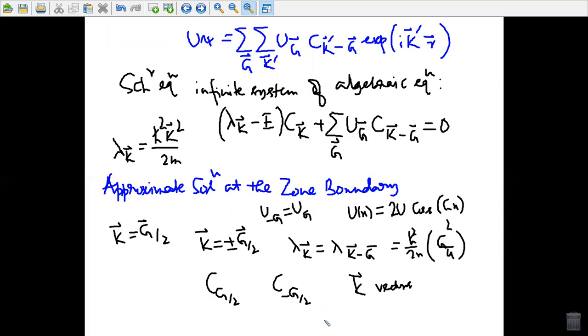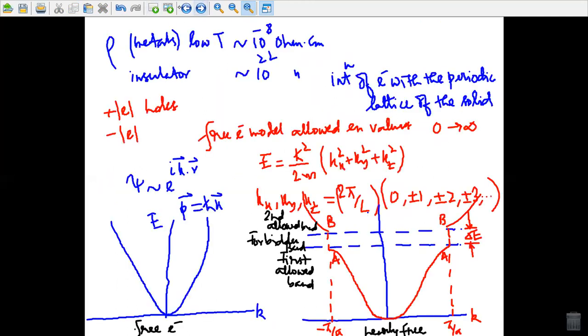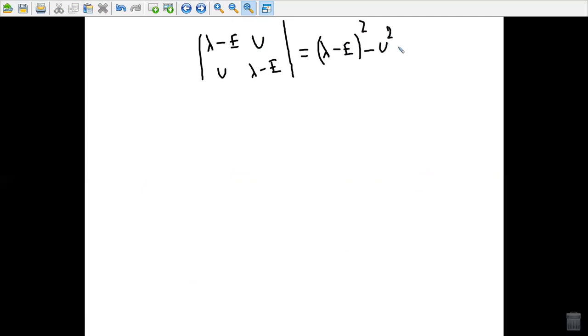For the coefficient vector, C_(G by 2) and C_(minus G by 2), the determinant is (lambda minus E) U, the off diagonal elements U, (lambda minus E); that is, (lambda minus E) whole square minus U square equals 0.